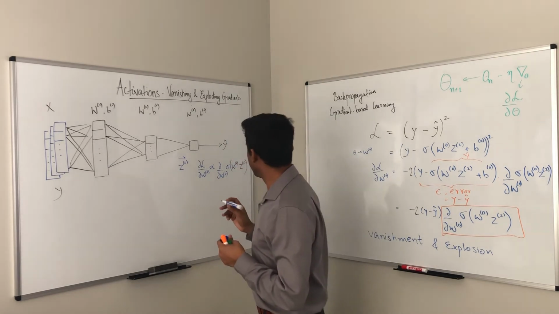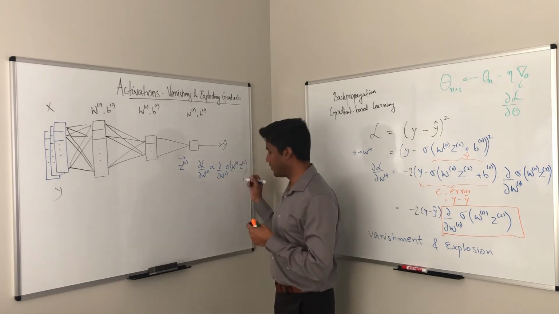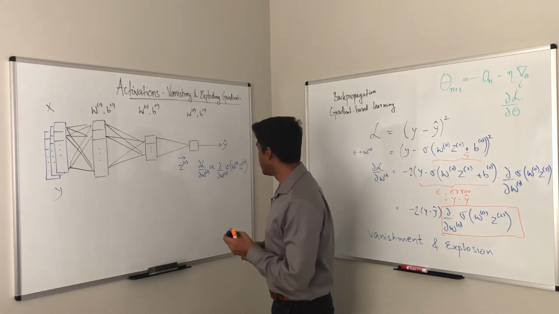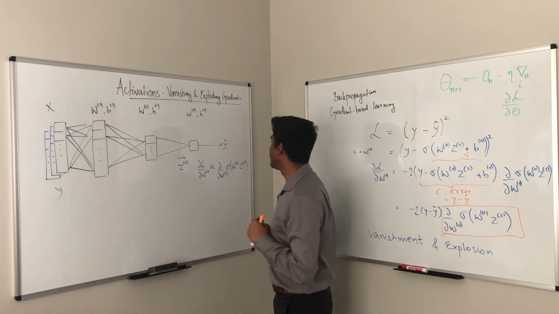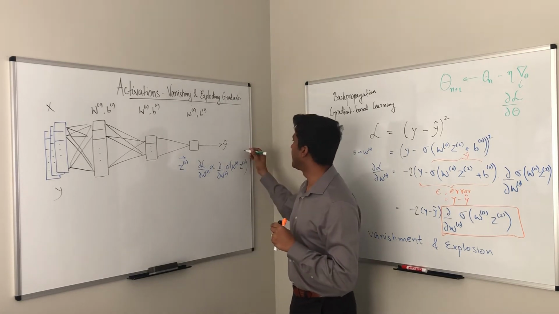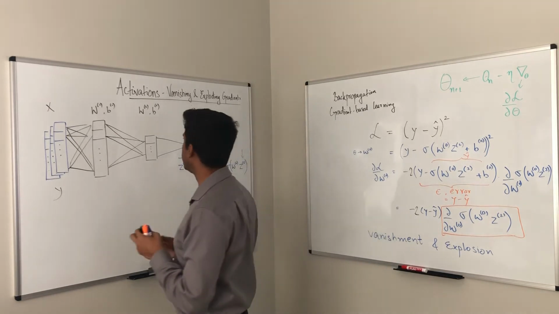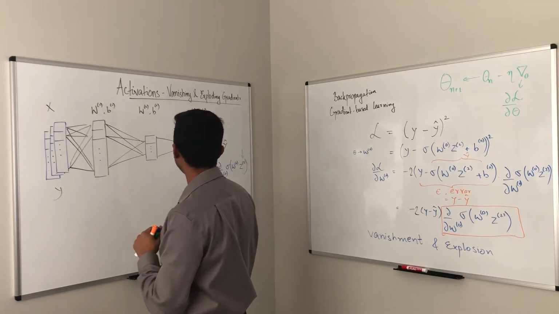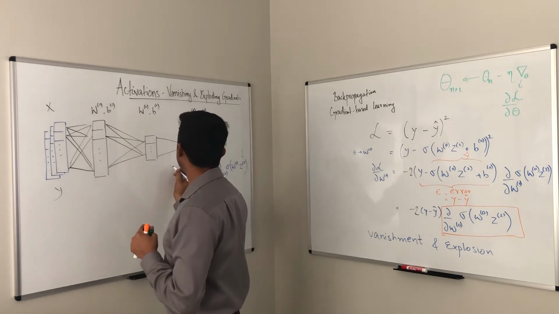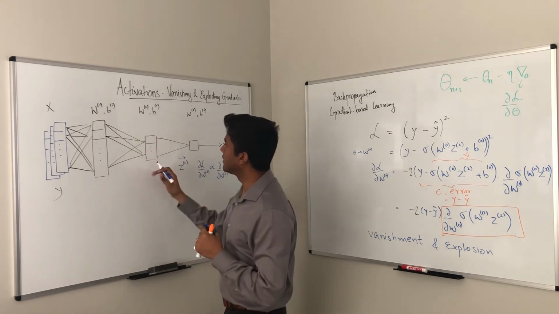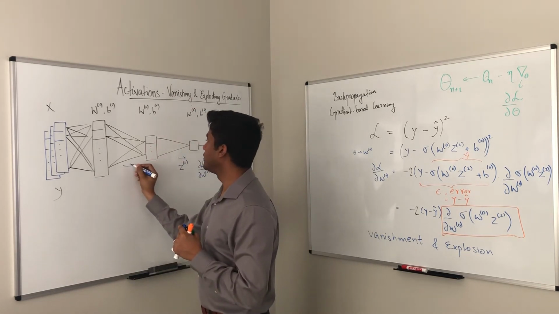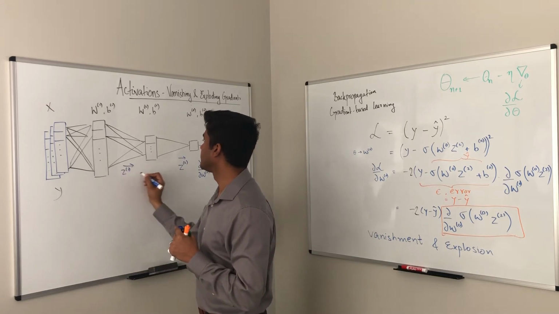But here, if you look at Z2, Z2 is also a function of my prior weights. Let's see how Z2 looks like. Z2 is output of this layer. The input to this layer is Z1.